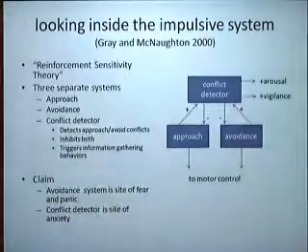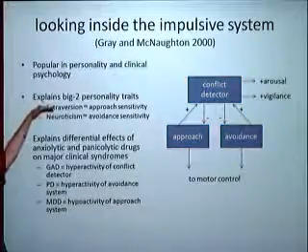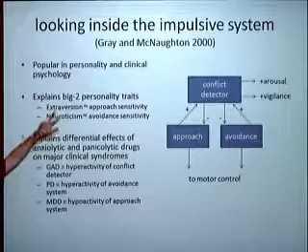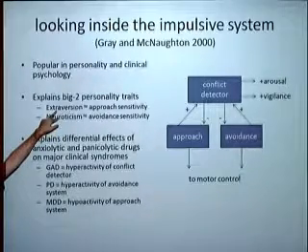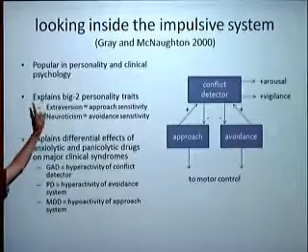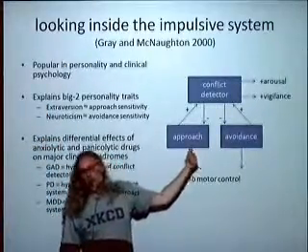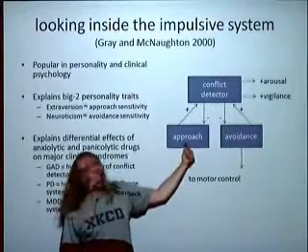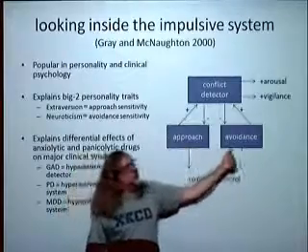And then that becomes interesting to the psychologists, because the personality people like it, because you can tie it to important personality traits, in particular the big two, extroversion and neuroticism. Extroversion roughly coincides to the gain on the approach system.